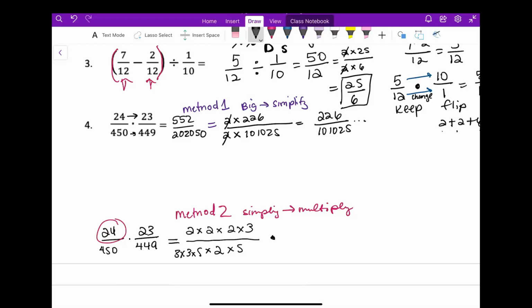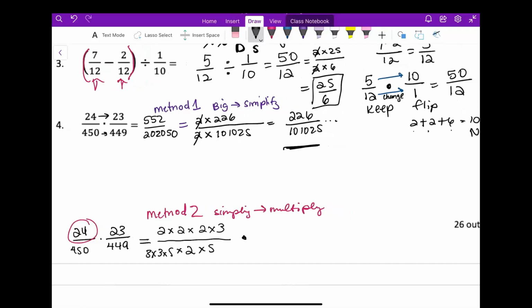And I know you're thinking, this is taking forever, but it's actually easier than this over here because those numbers were so big. 23, how about 23? Can we simplify that? That is a prime number. There's no other number that multiplies to 23 other than 1 times 23. Let's do 449.